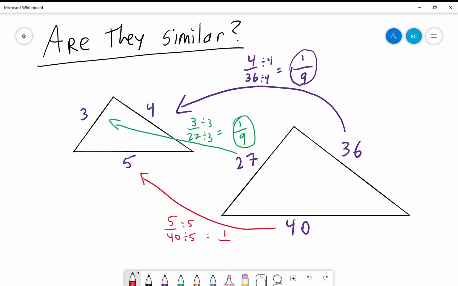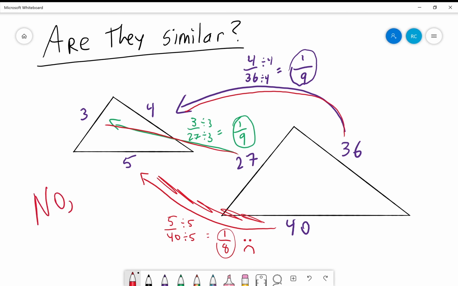We get 1/8, which is not the same ratio as the rest. So in other words, this 36 is being multiplied by 1/9 or divided by 9, either way is correct. This one's being multiplied by 1/9, but because this length is being multiplied by something else, in this case 1/8, no, they're not similar.